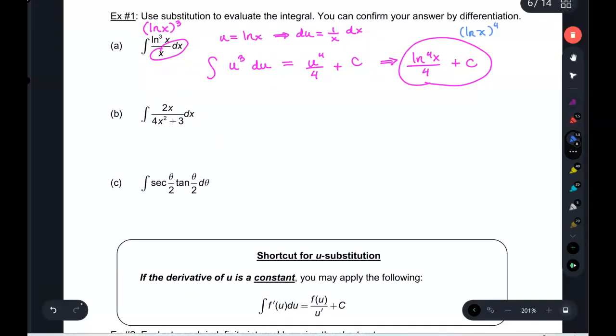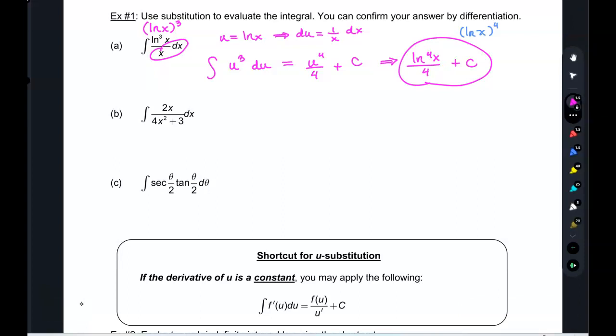Okay, next one. So what do we want to make u equal to? We want to make u equal to 4x squared plus 3, which will give us du is going to be 8x dx. Now, I have a 2x dx, but I don't have an 8x dx.